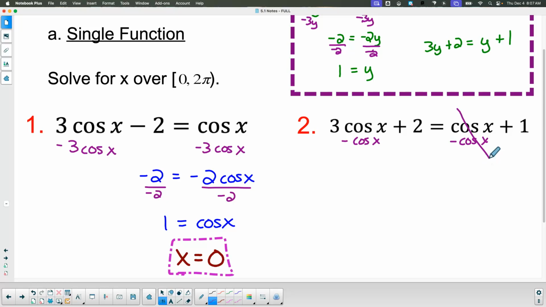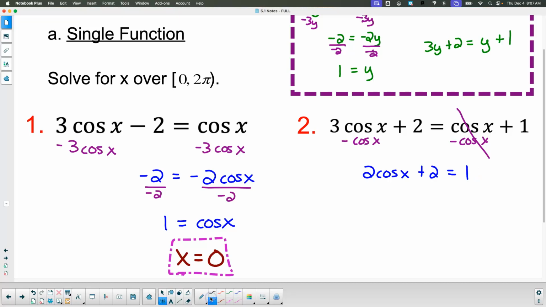What do I got now, left side? 2 cosine x plus 2. Next. Subtract 2.